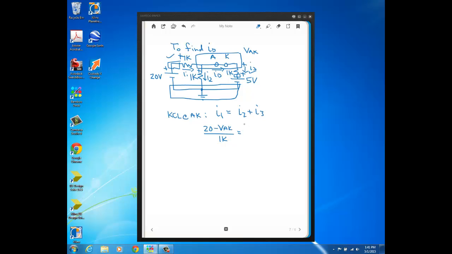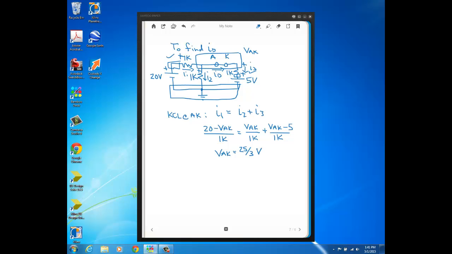I2 is VAK minus 0 over 1K. And then I3 is VAK minus 5 over 1K. Alright, so one equation, one unknown. If you go ahead and solve for VAK, you should get that VAK is 25 thirds.